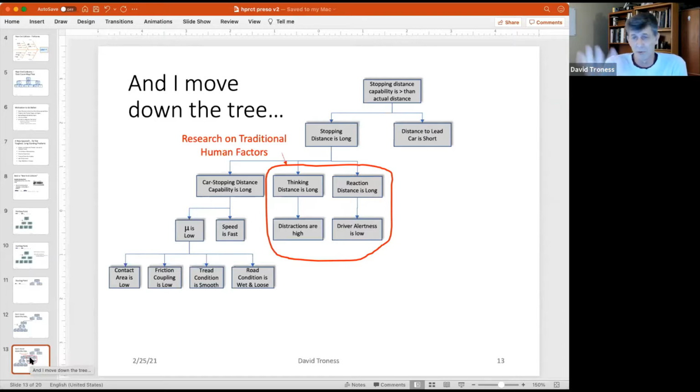And then some examples below, for thinking distance, one aspect could be that there are lots of distractions and so on. But I want to say clearly that this is not to the level of rigor that I would do it in real life.